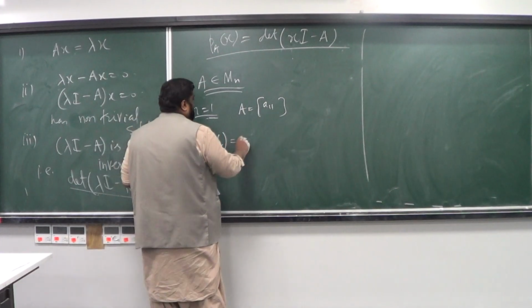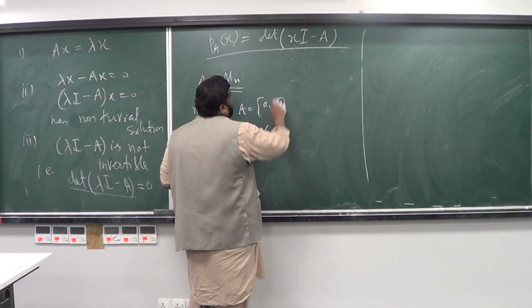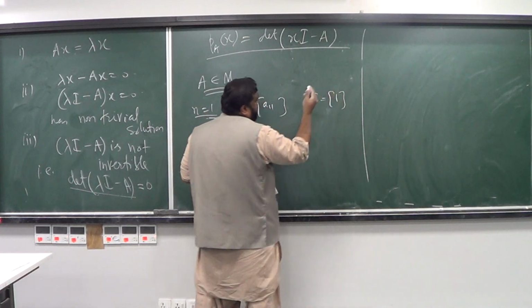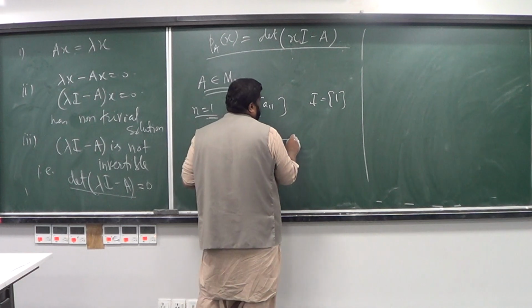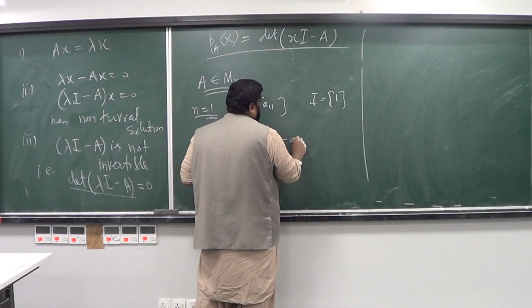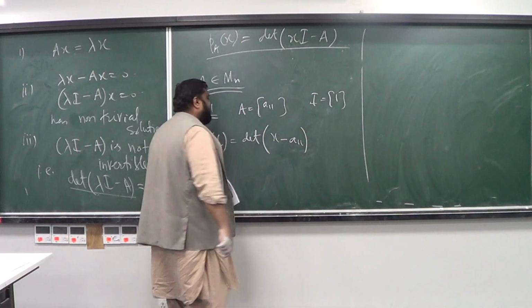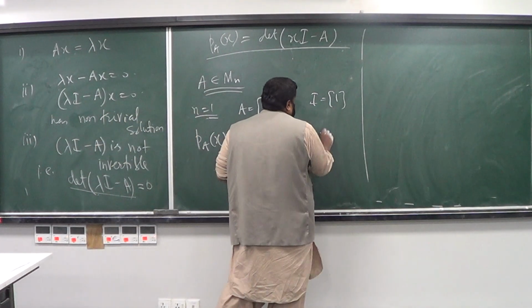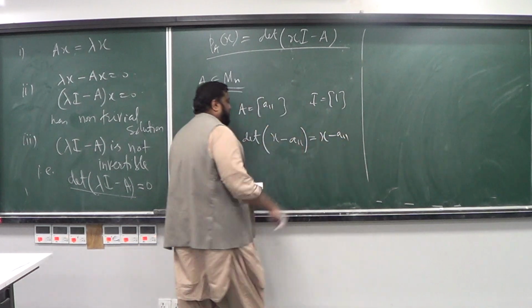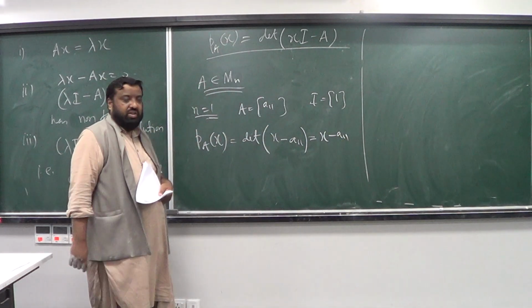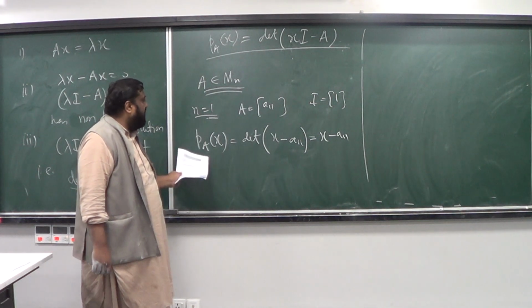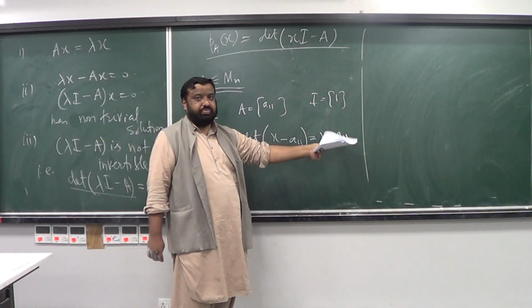It is going to be the determinant of xI minus A. What would be the I in the 1 by 1 case? It is simply 1. So it is the determinant of x minus A11, which is equal to x minus A11, since it is just a 1 by 1 matrix.